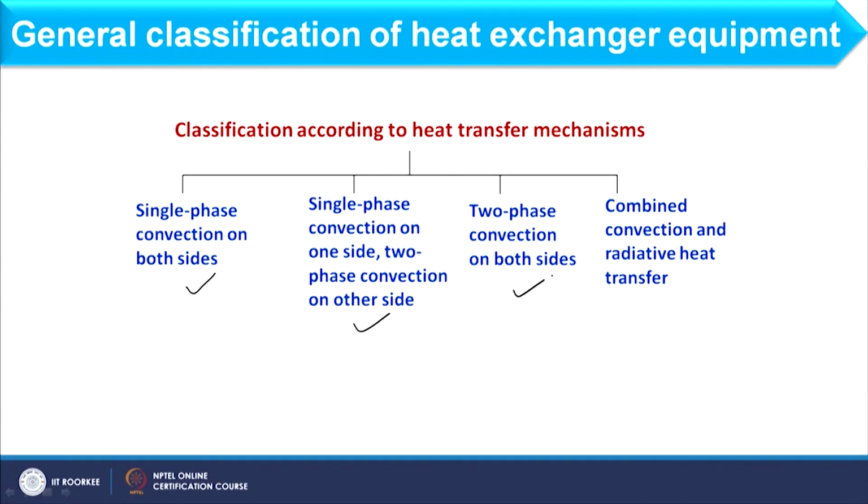Third, we have two phase convection on both sides. To give an example, consider reboilers. What will happen in a reboiler? We have liquid which is available more or less close to boiling point, and when it takes heat from a high temperature medium, it is vaporized.